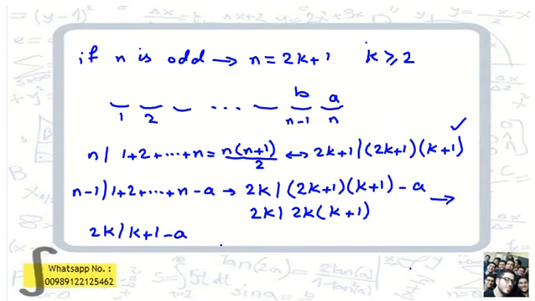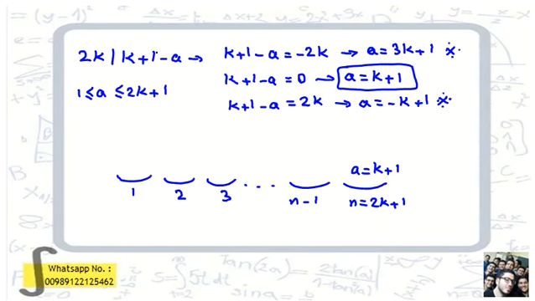So let's check, and we know that a is between 1 and n, meaning 1 and 2k plus 1. We know that 2k divides k plus 1 minus a. We can say k plus 1 minus a can be minus 2k, minus 4k, and 0, 2k, 4k. If we check these special numbers, if k plus 1 minus a equals minus 2k, a equals 3k plus 1. But 3k plus 1 is greater than 2k plus 1, and it's a contradiction.